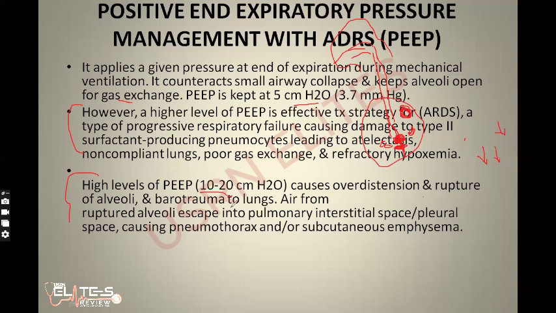You are likely to make it happen very quickly, but strategically, higher PEEPs can be used to treat certain non-compliant lung conditions, like ARDS. So that is all the idea behind this slide. If you have any question or addition, you can bring it out.